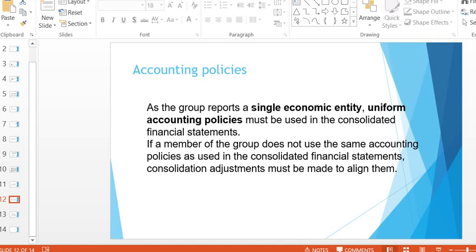I'll repeat that. If a member of the group does not use the same accounting policies as used in the consolidated financial statements, the consolidation adjustment must be made to align to the consolidated financial statements. So the subsidiaries' accounting policies should be adjusted so that they align to those of the parent.